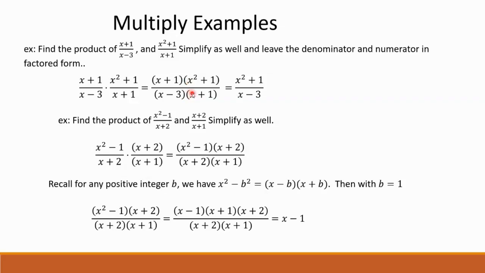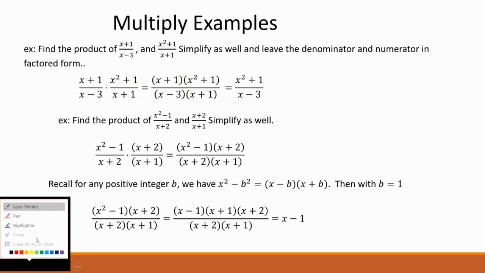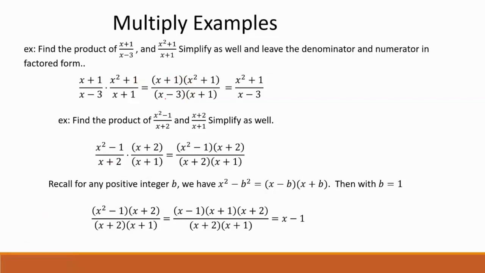Because it's in factored form, so you can simplify. And what happens? Well, the x plus 1s, they cancel, right? And so we're left with this.